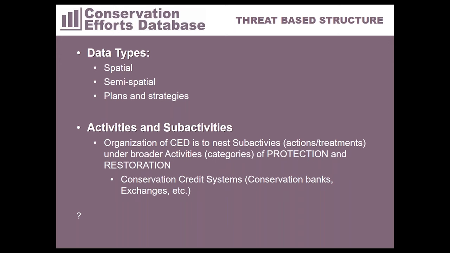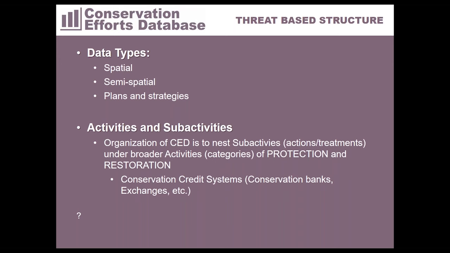For semi-spatial, we're collecting some spatial information to get a general idea of where the action is taking place. So we're asking for what state is this occurring? Perhaps what county this is occurring. Generally, where are you in the biome?